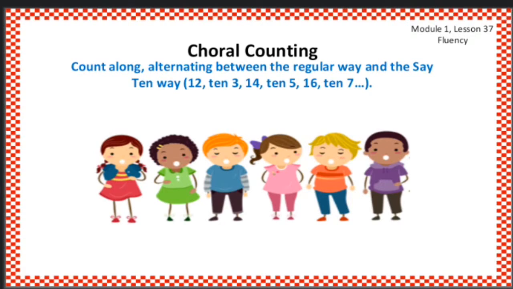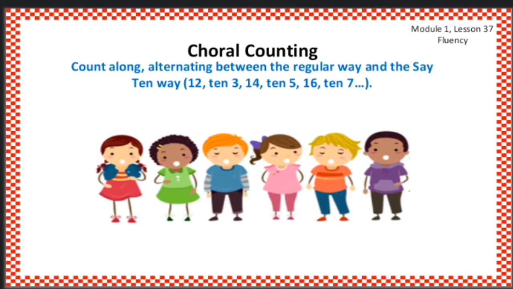Now we're going to look at what is called choral counting. That means you're going to count along, alternating between the regular way and the Say Ten way. I believe by now you know what the regular way and the Say Ten way is, right?